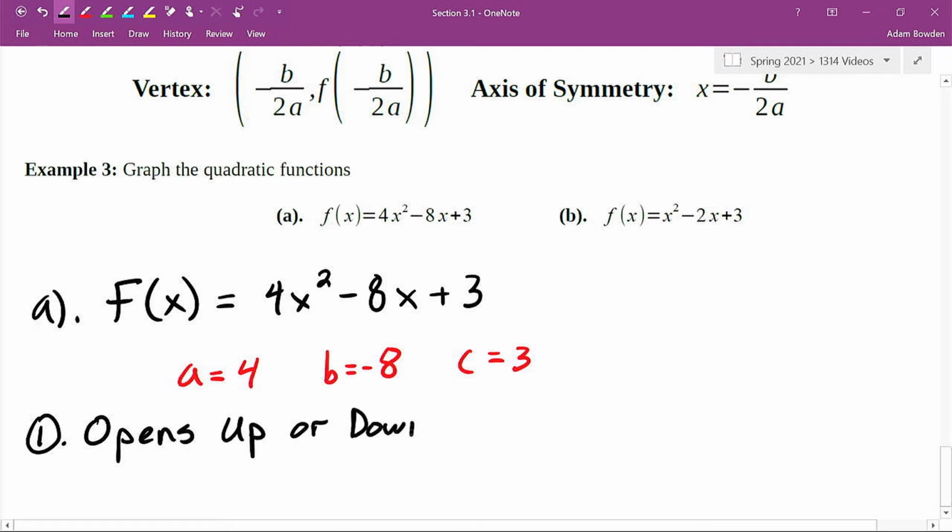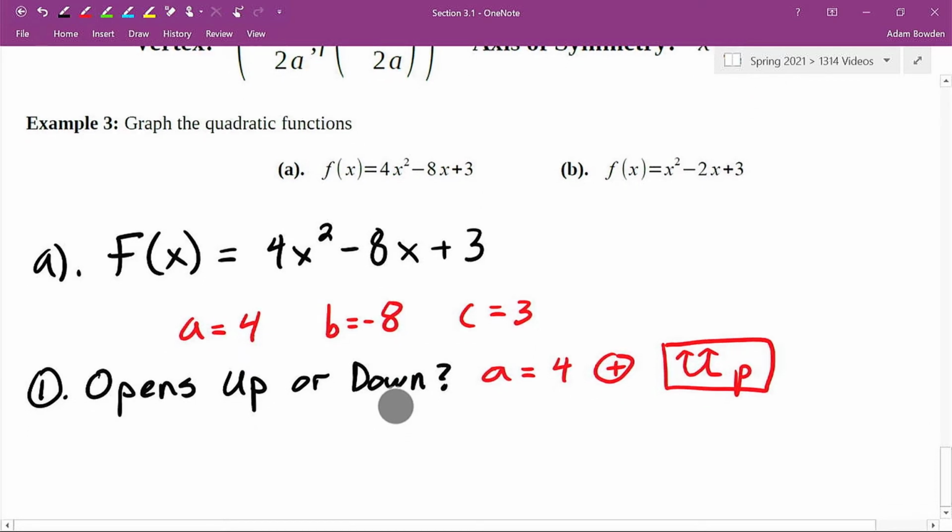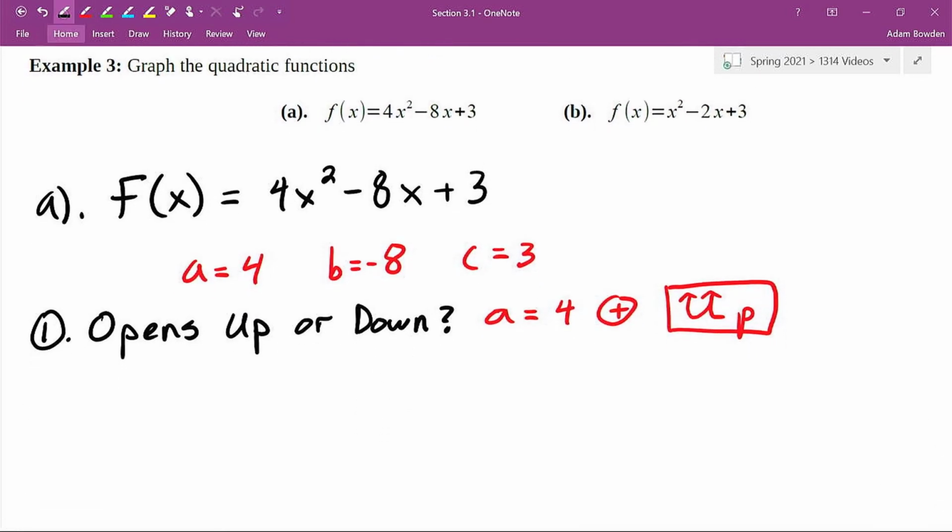The same information would apply as it did for the other function. We look at the number for a. A is 4, which is positive, and so indeed it will open up. So no change in how we can determine that from the other form.